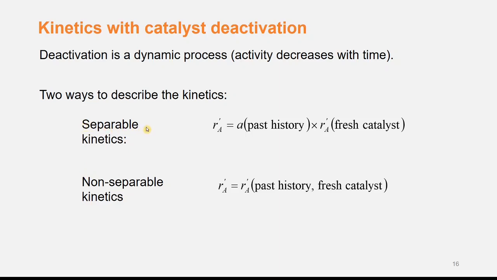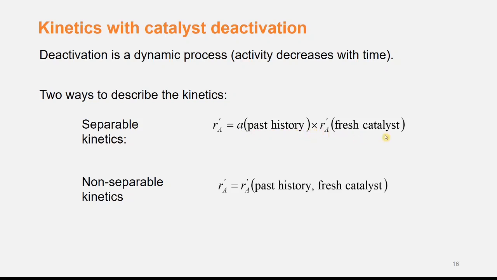Separable kinetics is when you can describe the rate of reaction as the product of two functions. The rate when the catalyst is fresh, so that's Ra prime, bracket fresh, multiplied by some function of time or the conditions of the catalyst, so A, bracket past history.